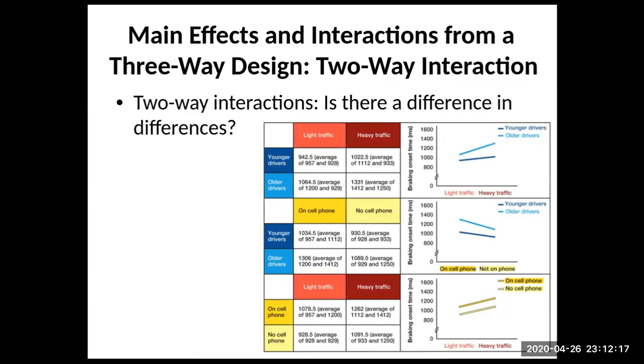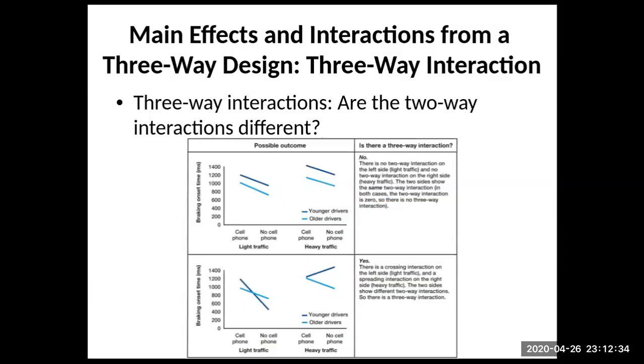What about traffic and cell phone use? Here we see that they are parallel lines, so there is no interaction between type of traffic and type of cell phone. Is there a three-way interaction though? Three-way designs mean that there are three two-way interactions and one three-way interaction.